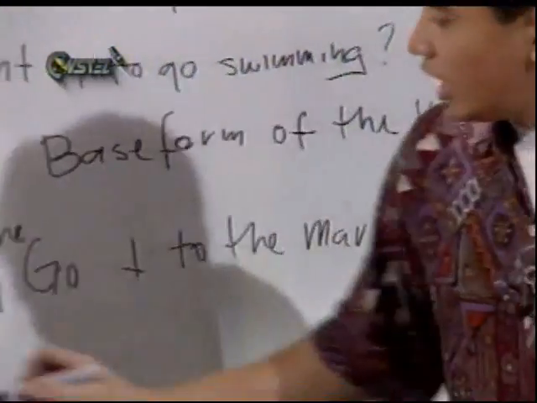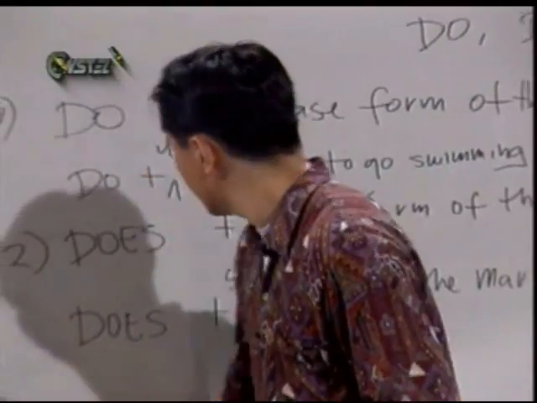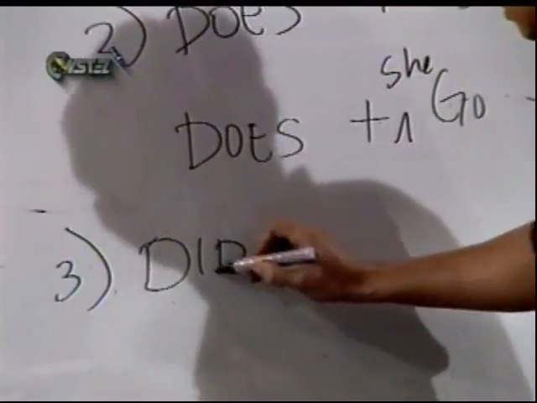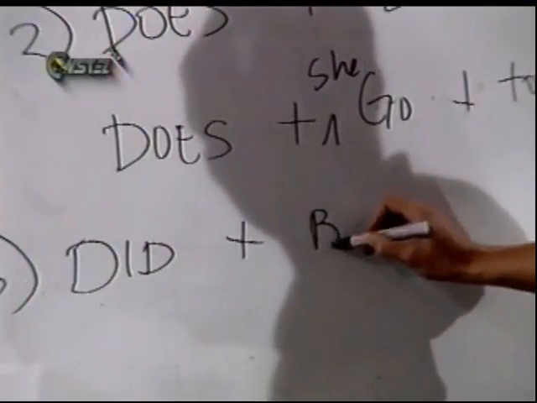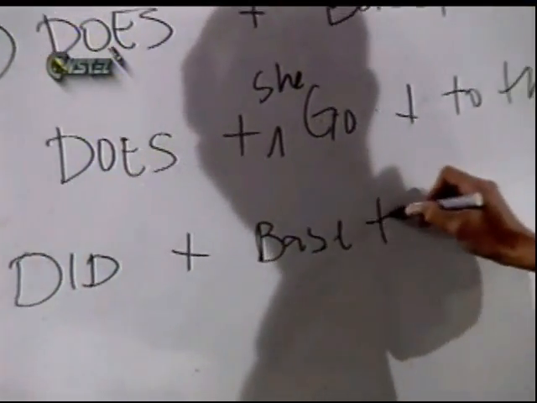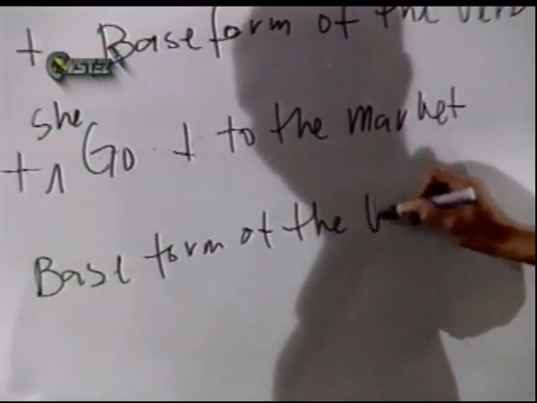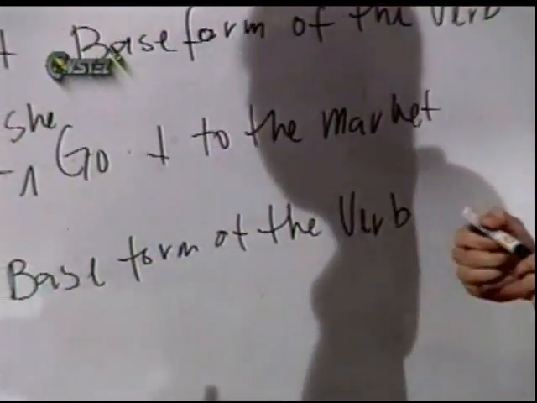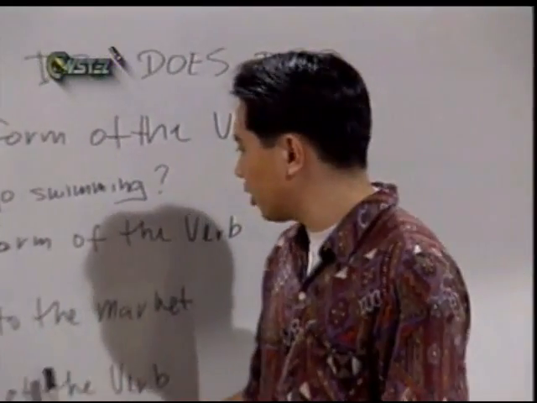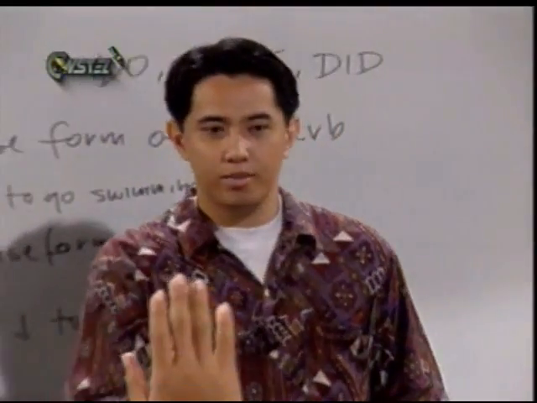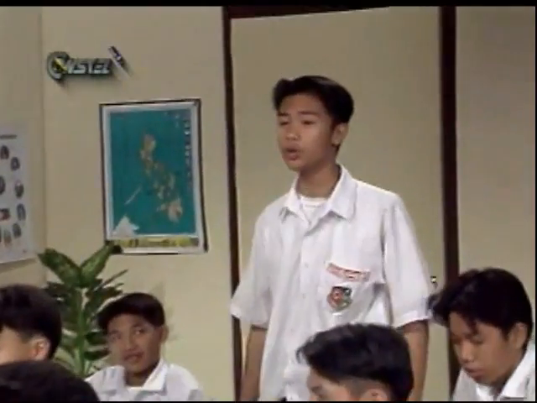All right, and rule number 3, did plus base form once more of the verb. All right, who can give me an example for rule number 3? Yes, Ruben? Did he show love for his country?